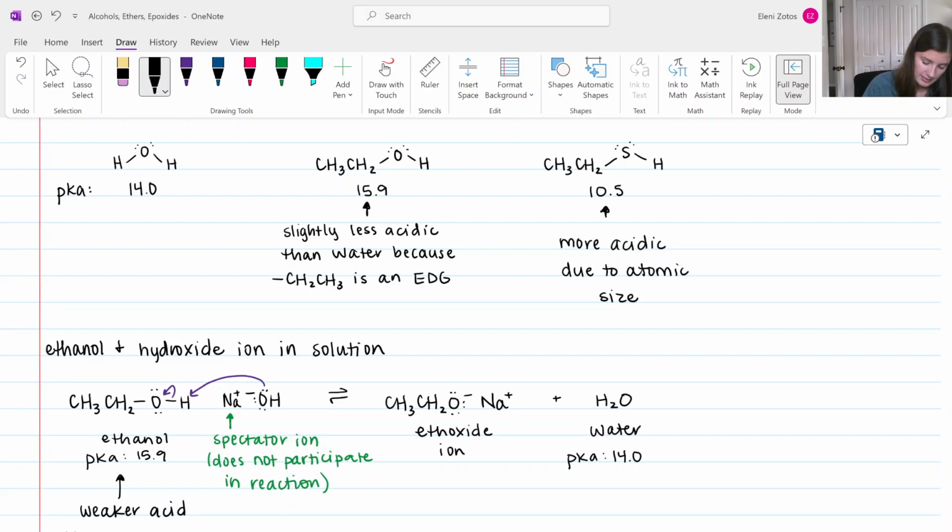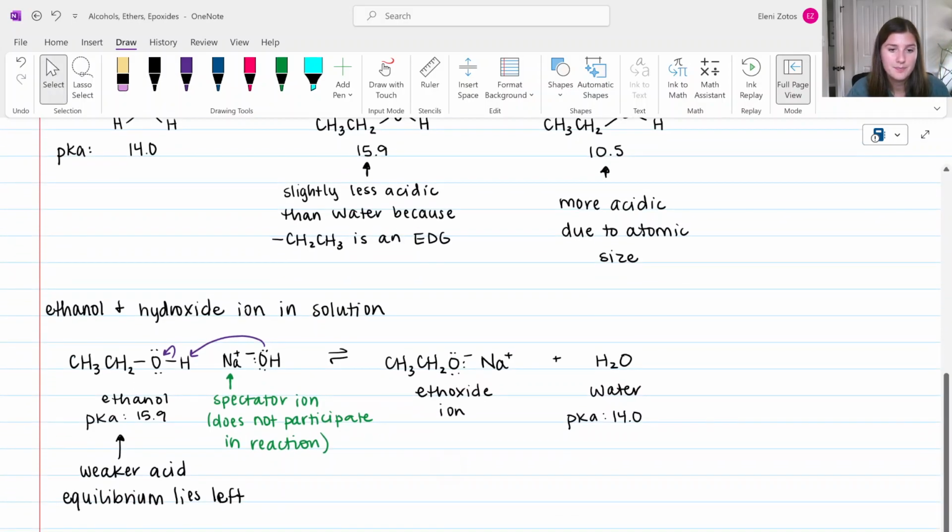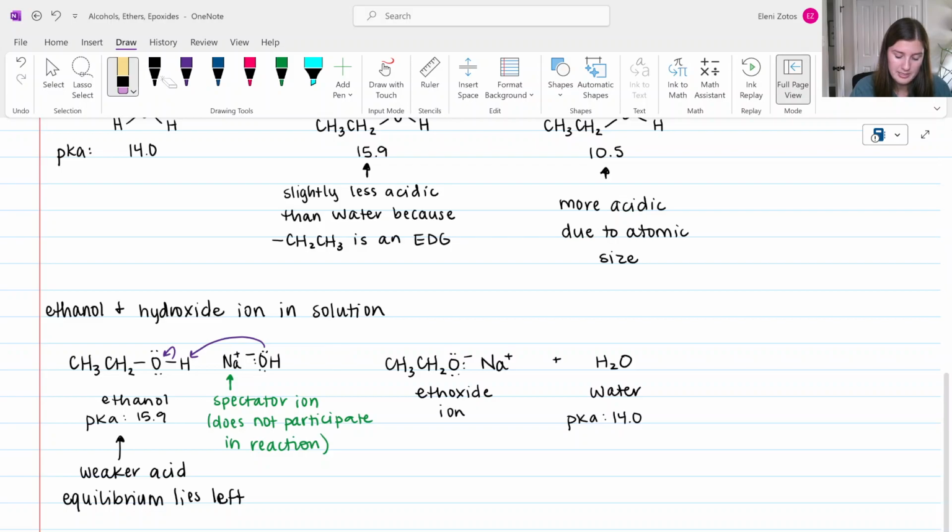And that tells us that equilibrium lies left, or to the reactant side. And we can represent that with the equilibrium arrow between reactants and products, having a longer arrow towards the reactants and a smaller arrow towards the products.